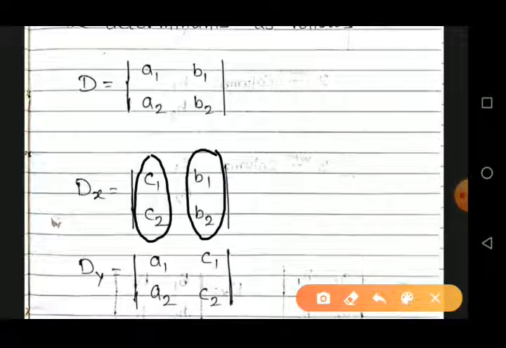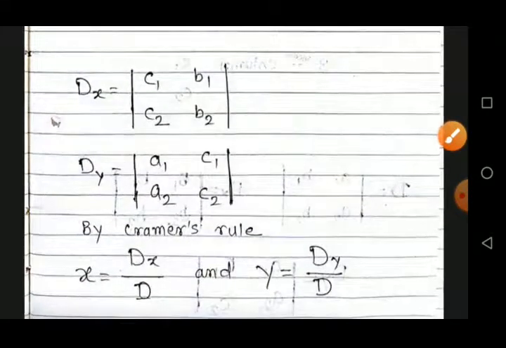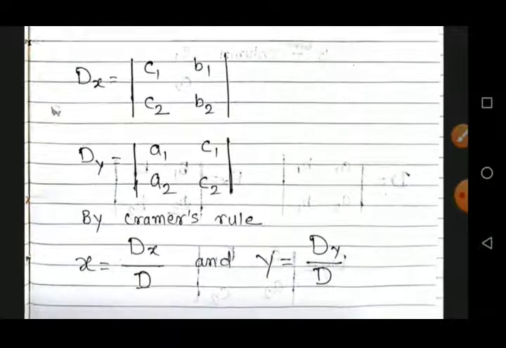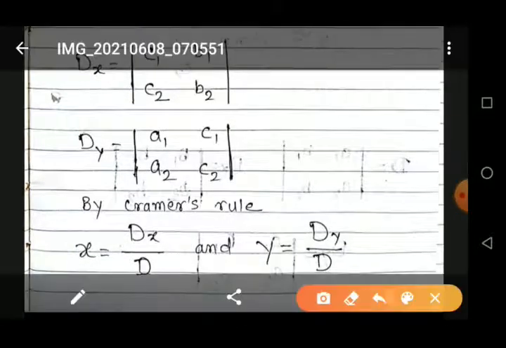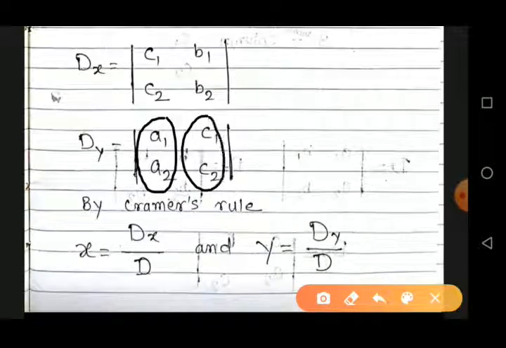This order is very important. If you change the order, your answer will be wrong. After that, prepare the next determinant Dy equal to, in between two vertical lines, first write down the column a1, a2, then write down the column c1, c2.